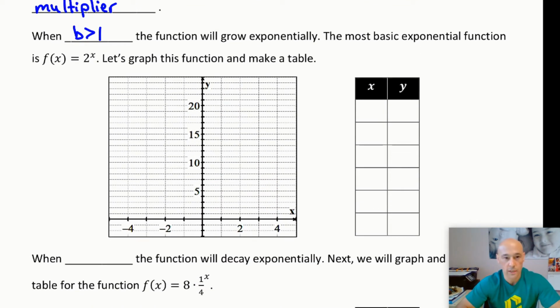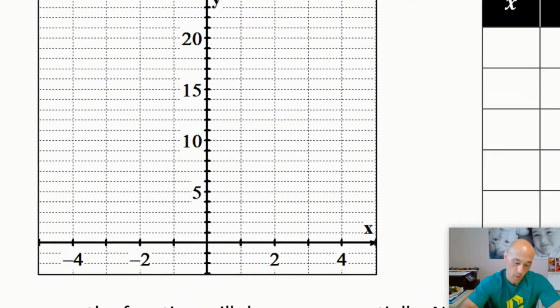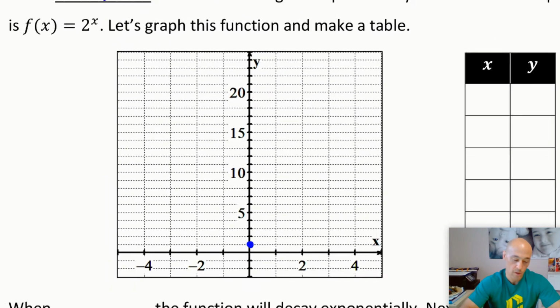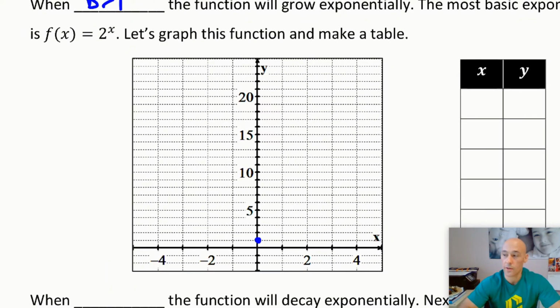In this situation, it's important to note that the a value is 1. And so we know that our y-intercept must be 1, because the a value is the y-intercept.